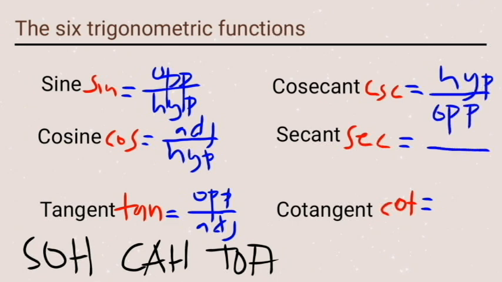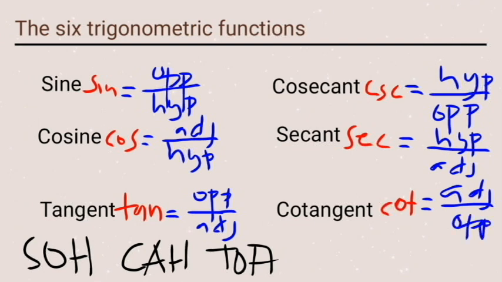For secant, it is hypotenuse over adjacent. And for cotangent, it is adjacent over opposite. So these are now our ratios of the six trigonometric functions.